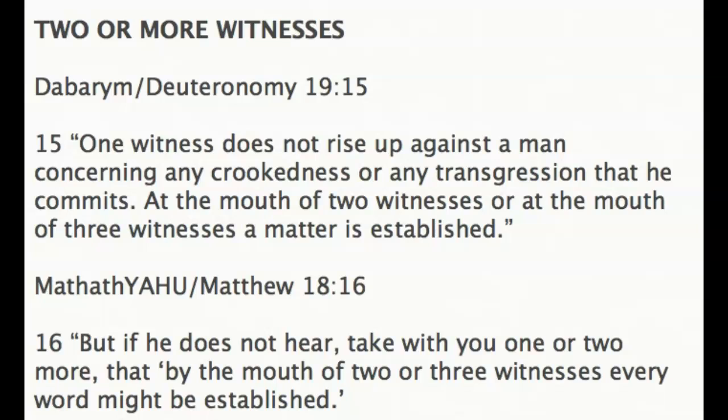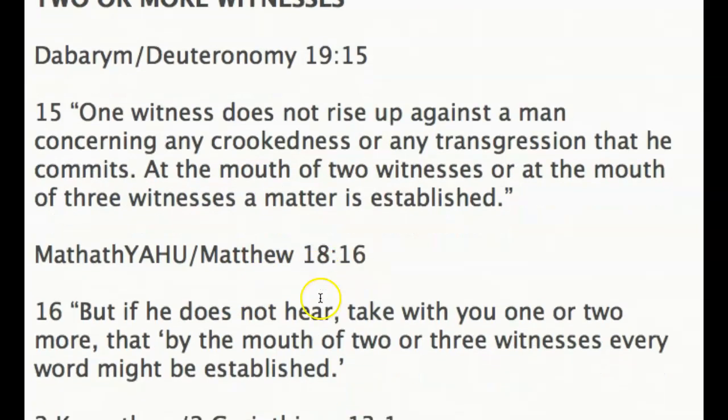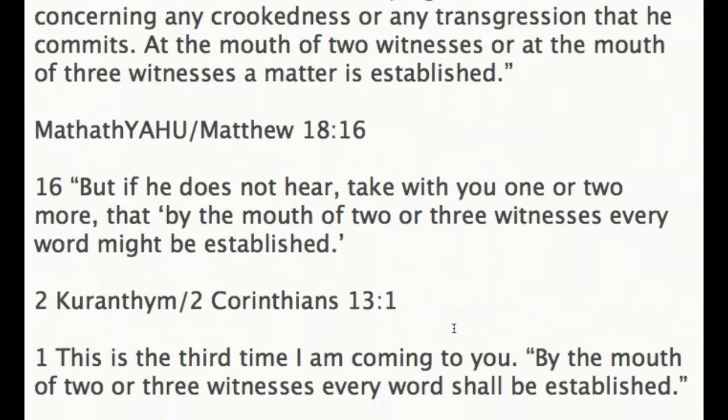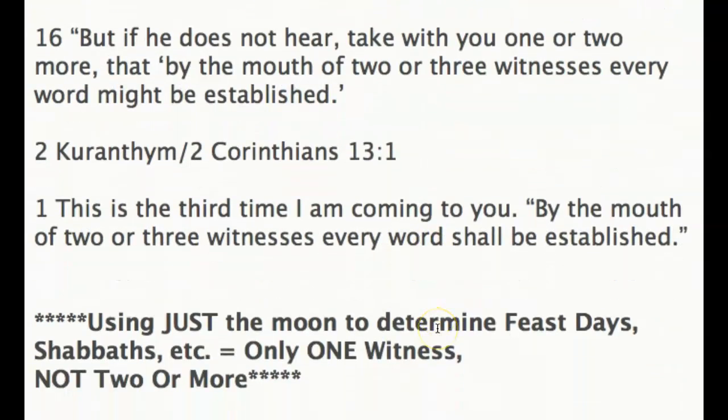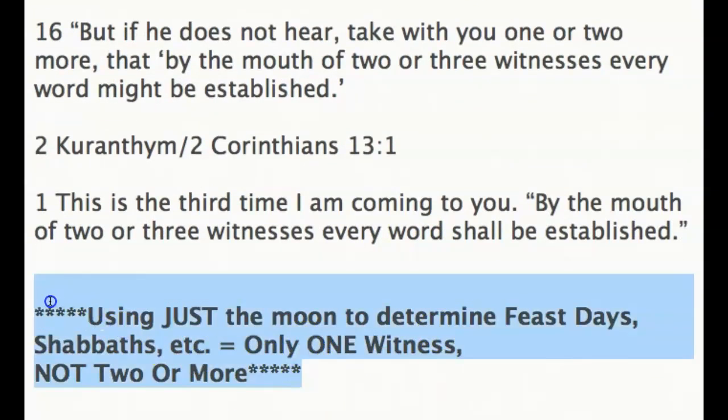And we see this in Devarim or Deuteronomy 19:15, Mathathayahu, Matthew 18:16, where the Messiah himself says this, and also 2 Corinthians chapter 13, verse 1, that by the mouth of 2 or 3 witnesses every word shall be established. You need 2 or more witnesses for every single matter. That includes the calendar, because using just the moon to determine the feast days, Shabbats, and appointed times, etc., is only one witness, not 2 or more witnesses.